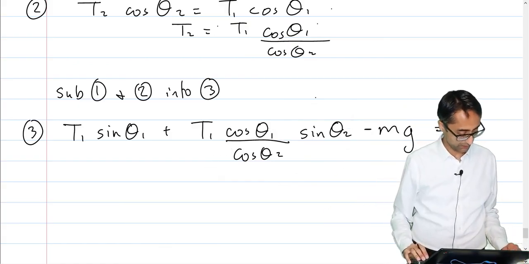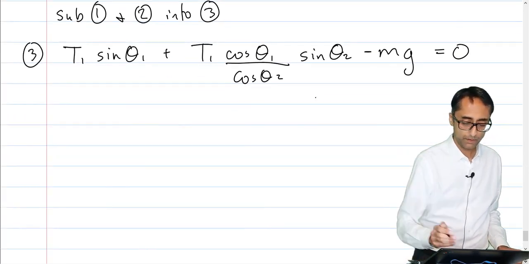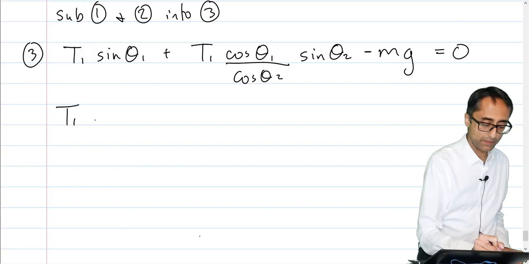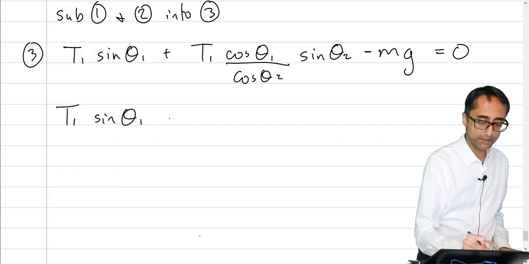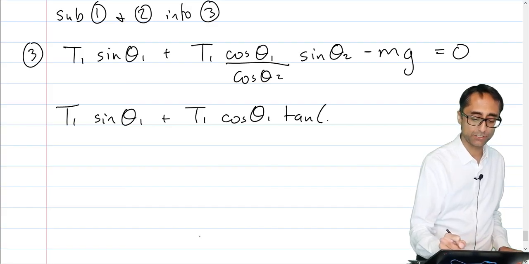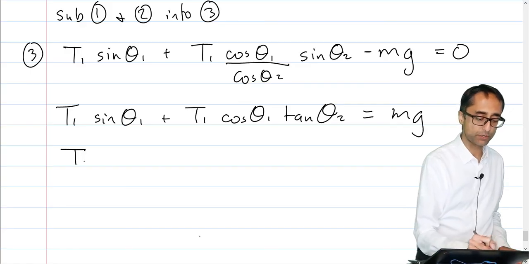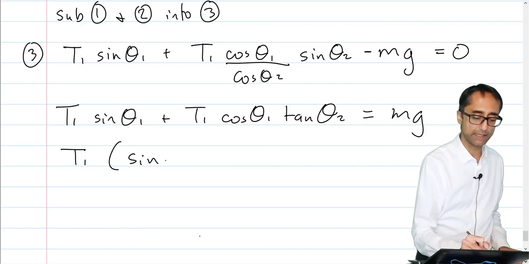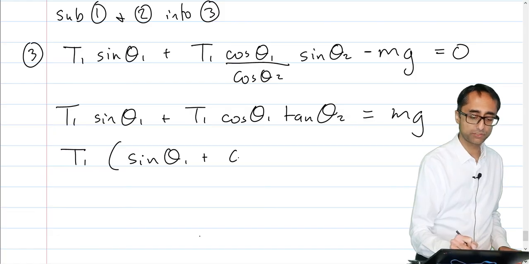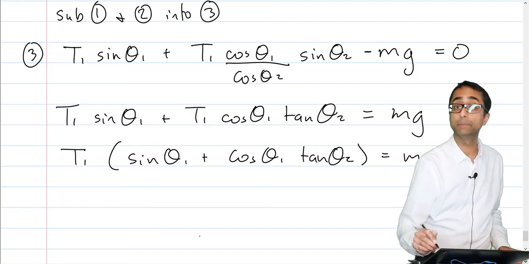And so let's write it in the following way. We'll write T1 sine theta 1 plus T1 cosine theta 1 tan theta 2 is equal to mg. We'll factor out our T1, leaving us sine theta 1 plus cosine theta 1 tan theta 2 is equal to still mg.